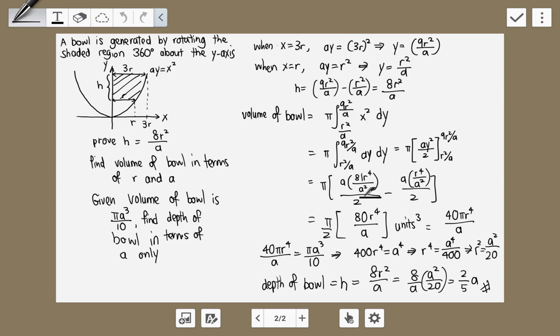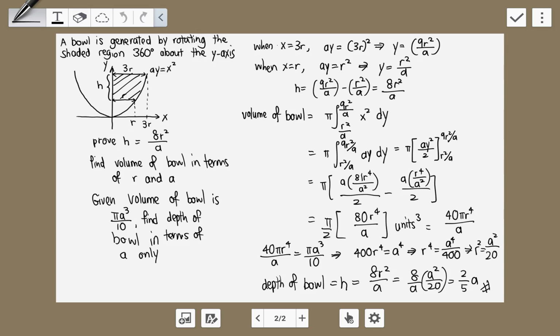Then the a squared will cancel with my a, so it will be over a, and the 2 at the bottom I will just factorize out, so I get pi over 2 outside of this. So then we are almost done. 80r to the power of 4 divided by 2, we get 40r to the power of 4, multiplied by pi and a.